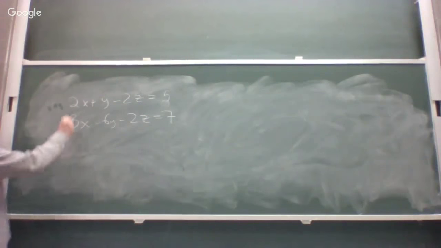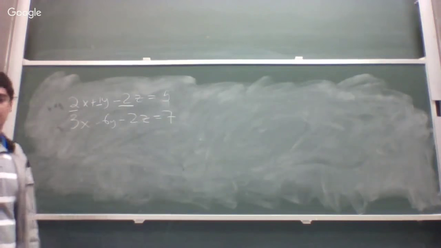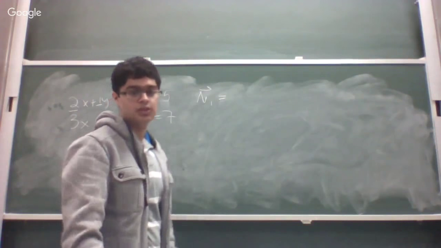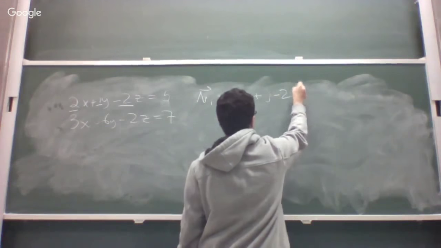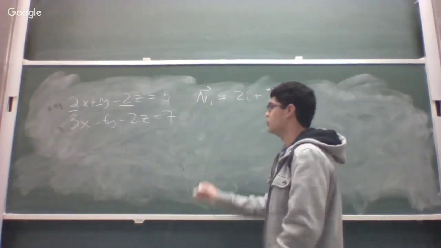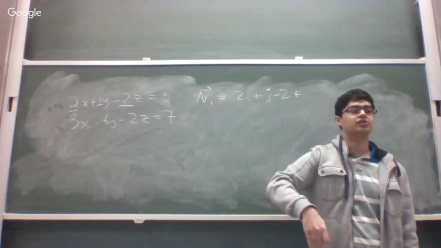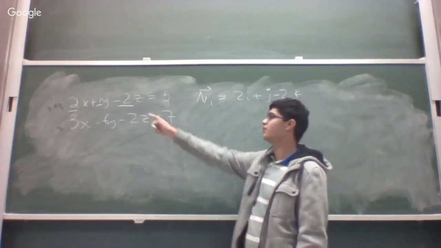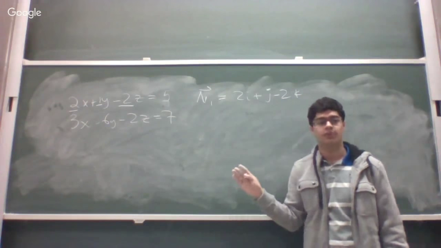So N1 is going to be 2i plus j minus 2k. When you have an equation of a plane, remember it connects directly to normal vectors. The coefficients in front of x, y, and z will always correspond to a, b, and c in the normal vector.